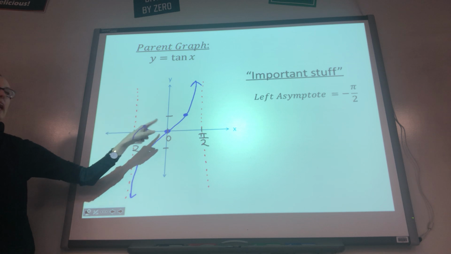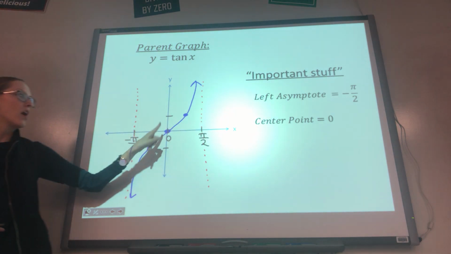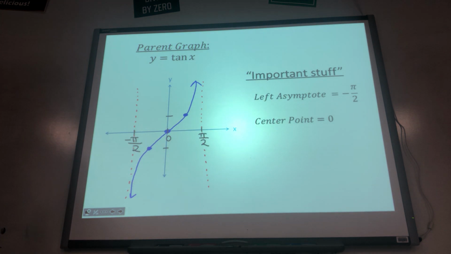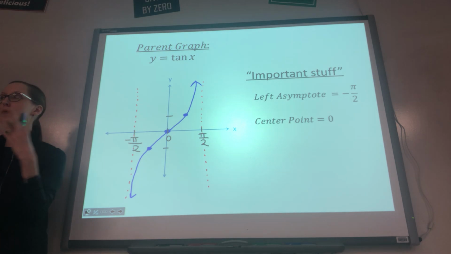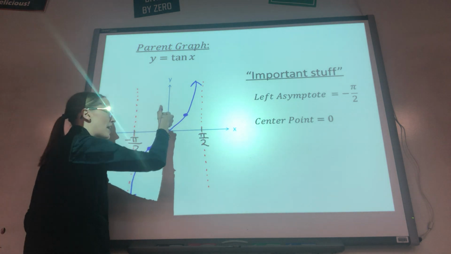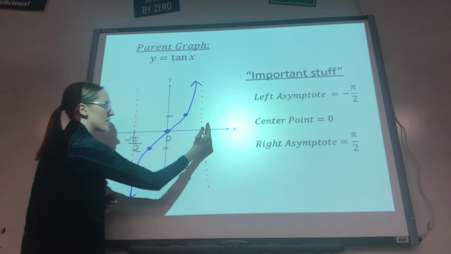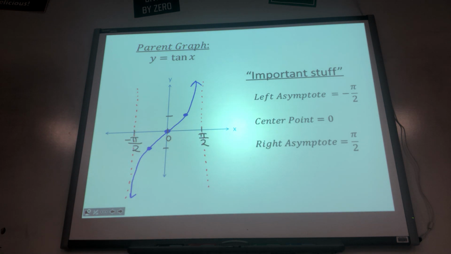There was a center point where X is 0. So again, I'm just talking X values. I didn't write that as an actual ordered pair. I'm just telling you, and you're going to use this later, the center point was at 0. And then you can see from the graph, the right asymptote is at pi over 2.